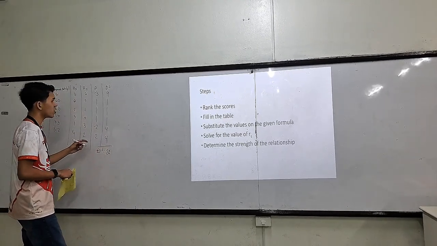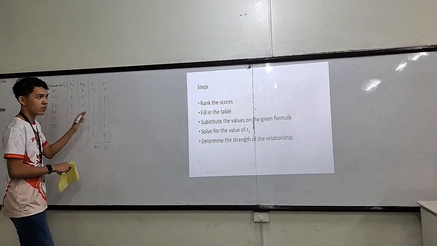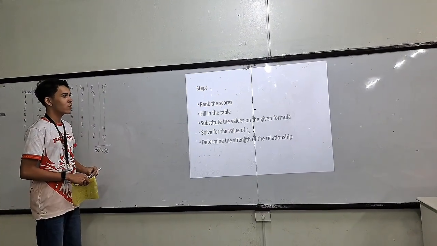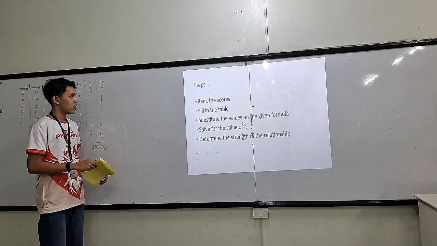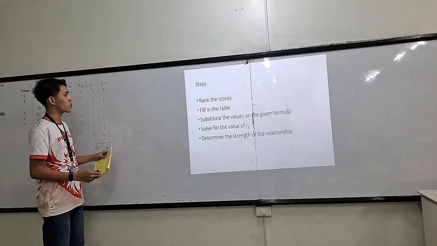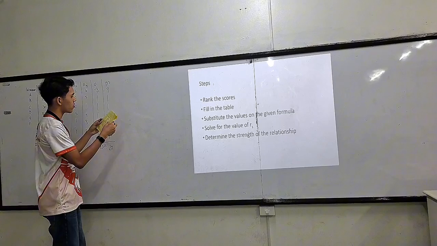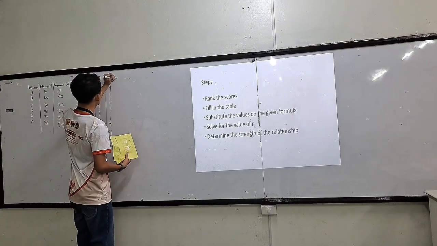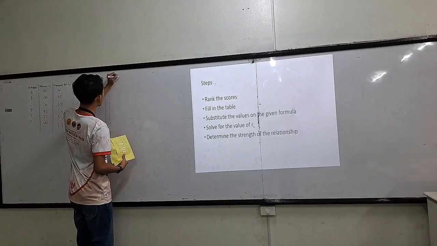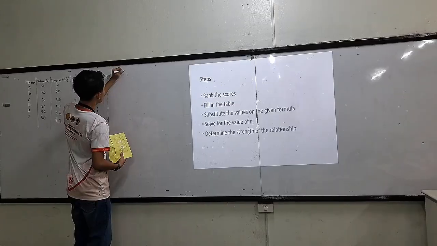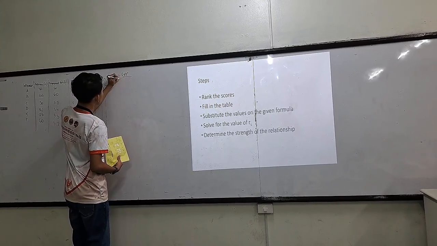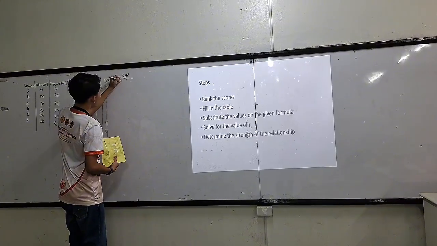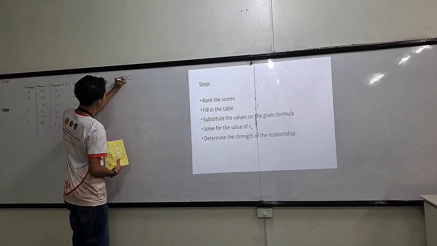Now after filling the values for the table, we'll substitute the values in the given formula. So the formula is R sub S is equal to 1 minus 6 times the summation of D squared, which is 20, divided by n times n squared minus 1.